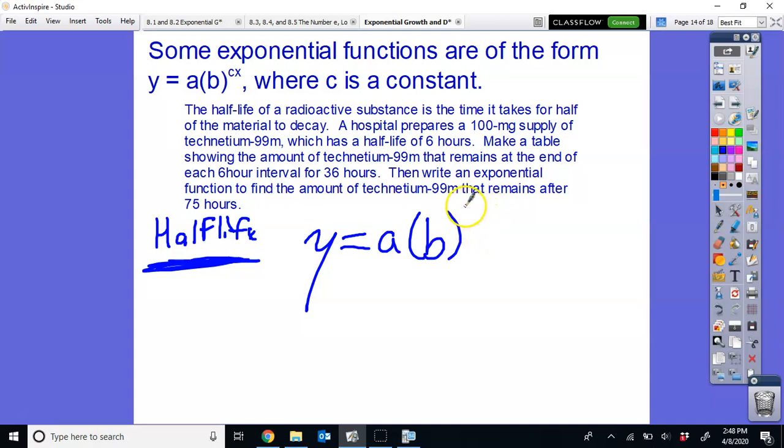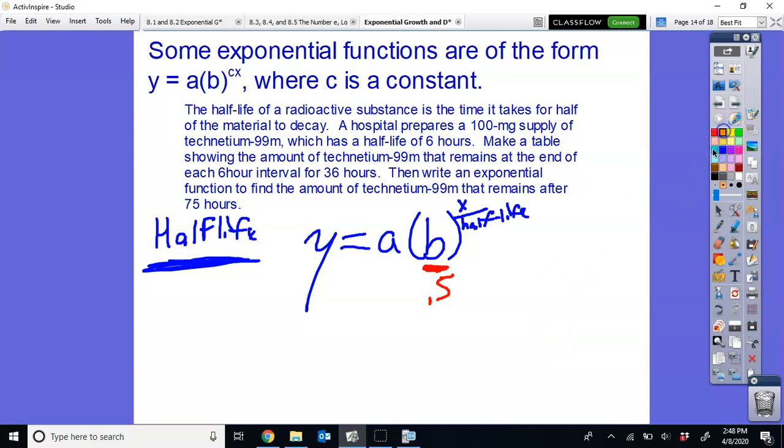In half-life, you always are going to have to take whatever time you're plugging in and divide it by what the actual half-life is. Now, let me show you what I mean by that in just a second, okay? But the other thing to notice is that the b value right here in the middle will always be 0.5 because you're talking about how long it takes for something to cut in half.